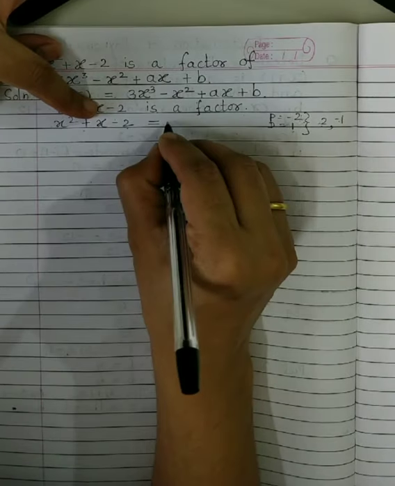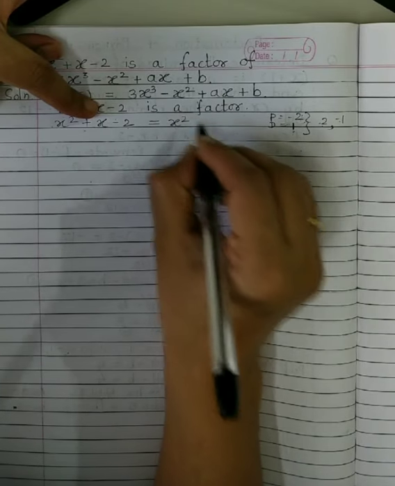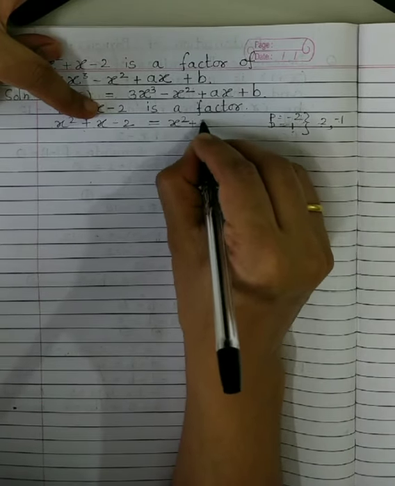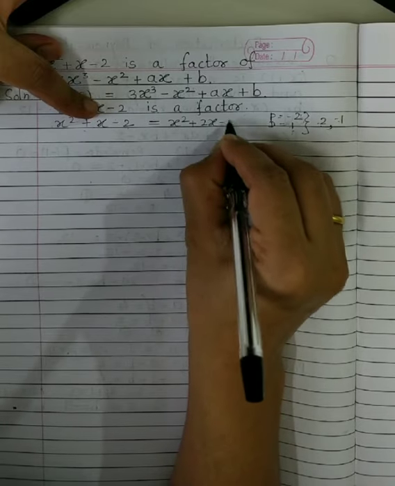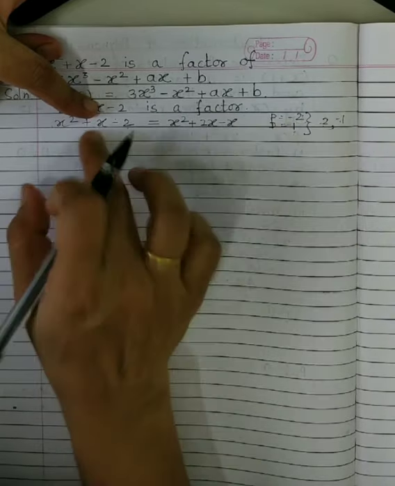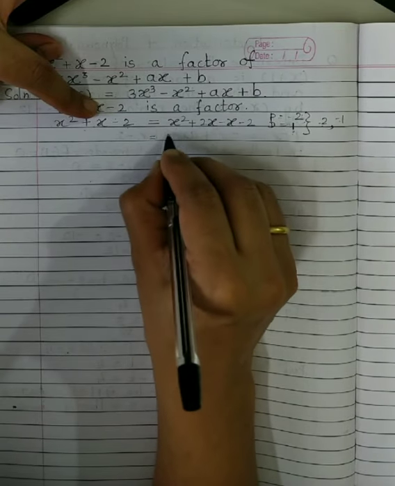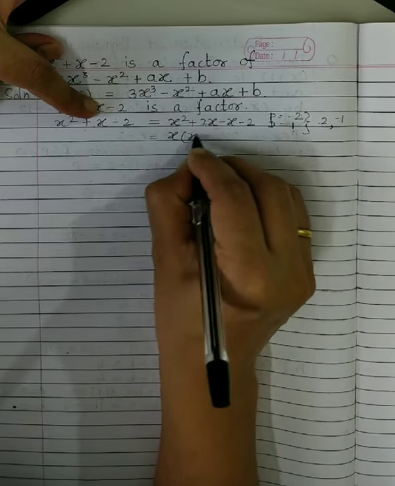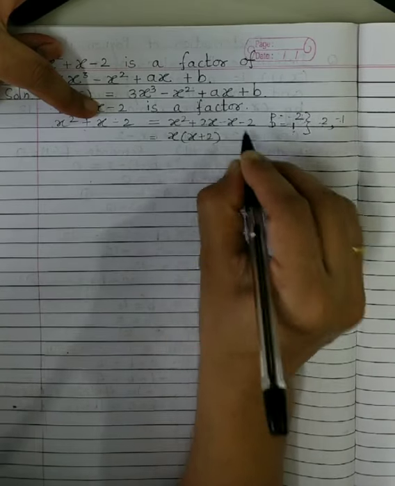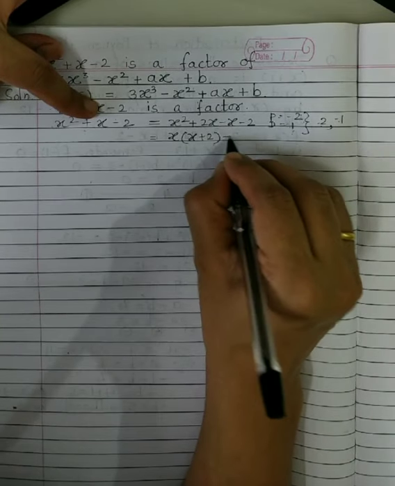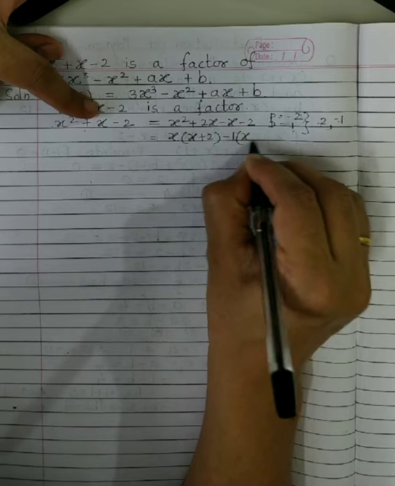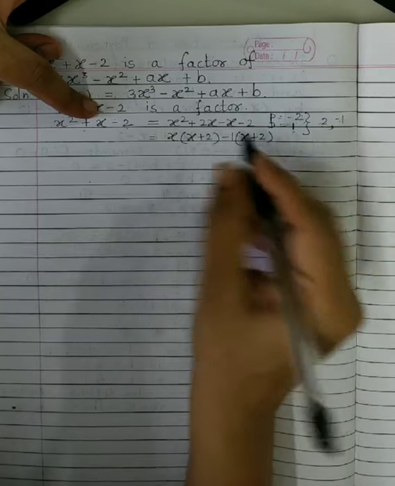So further what I will do, x square plus x will be written as x square plus 2x minus x minus 2. So what's common here? X common, x plus 2. Minus x minus 2, what's common here? Minus 1. So what is left here is x plus 2.